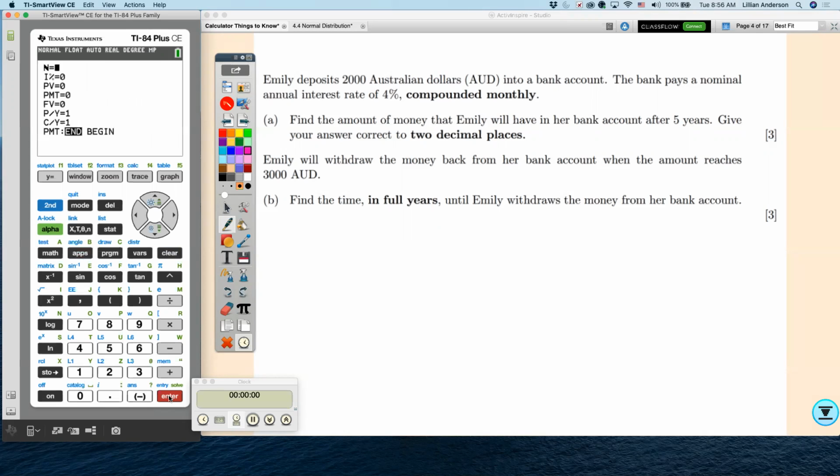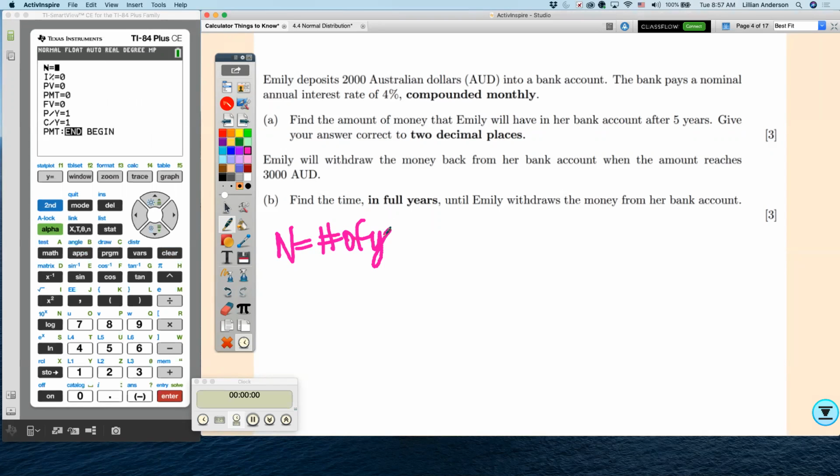What does N stand for? N stands for the number of years, but you also have to take into account how many times it's being compounded as well. So if it's being compounded monthly, you have to multiply your number of years by 12.